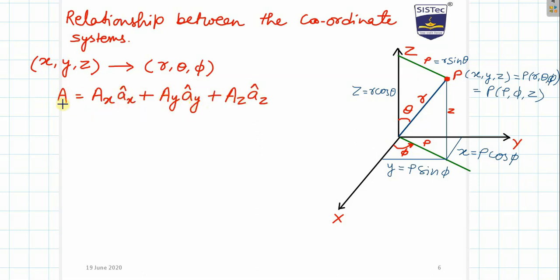But now this A is given in x, y, z, which means it is in Cartesian form.